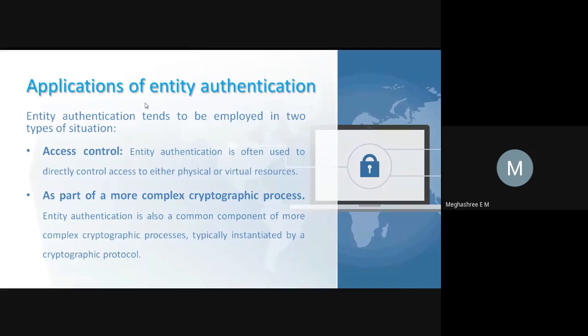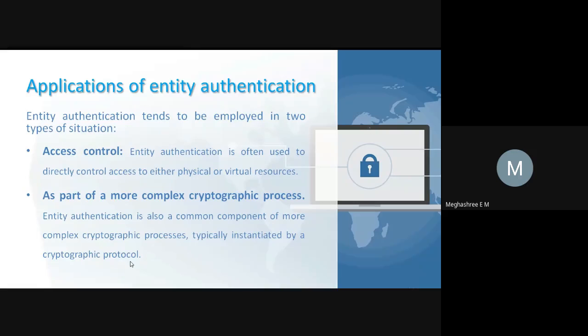And the next situation is as part of a more complex cryptographic process. Here, entity authentication is a common component of more complex cryptographic processes, typically instantiated by a cryptographic protocol. That means while using cryptographic protocols, we need entity authentication.